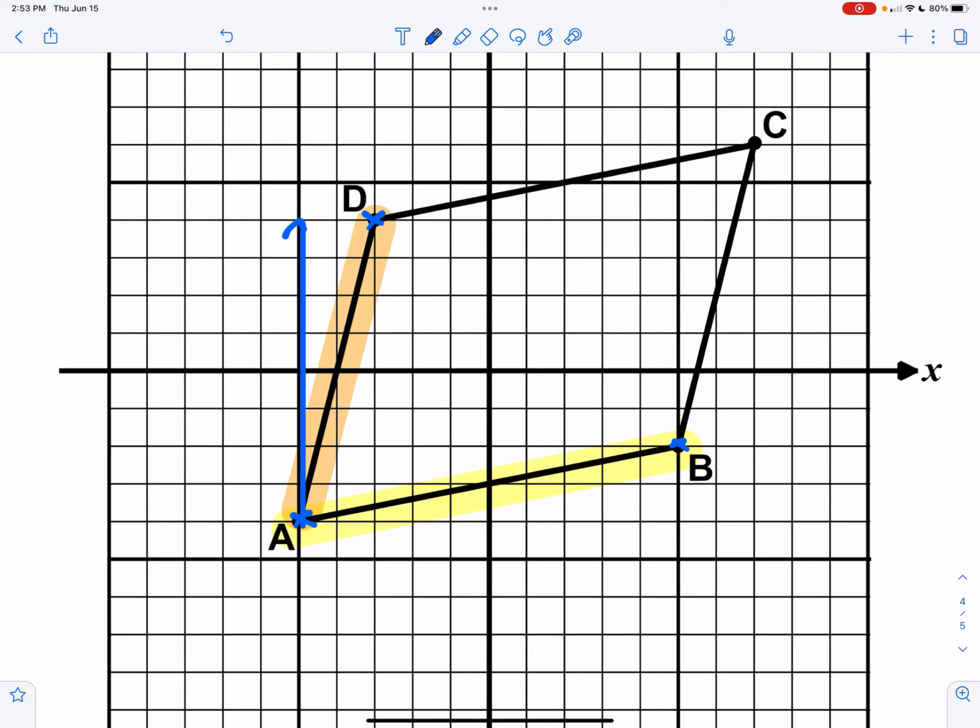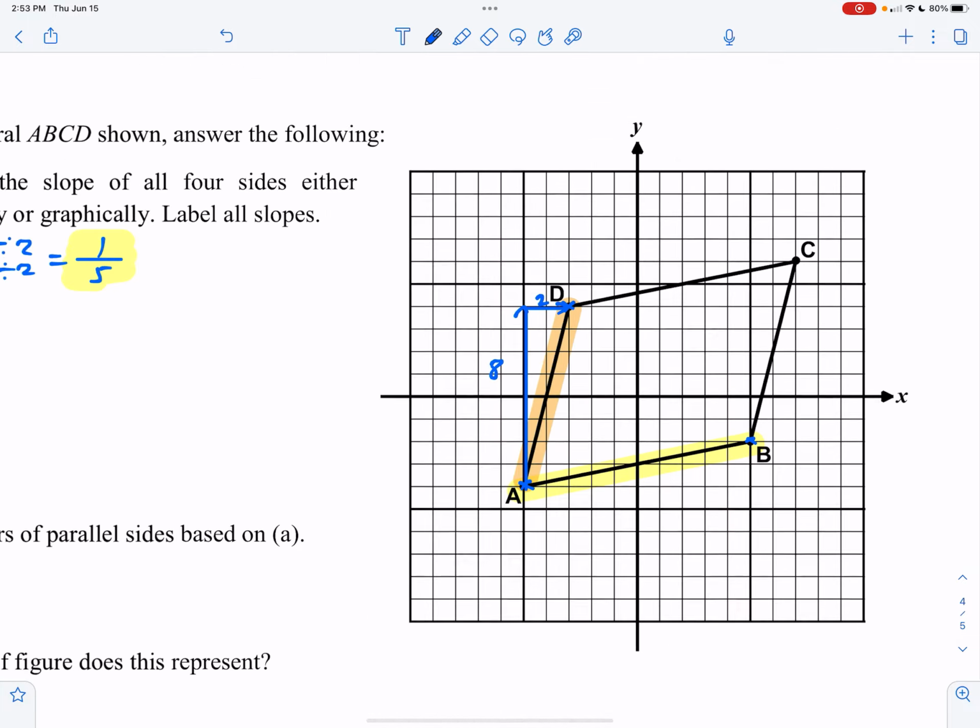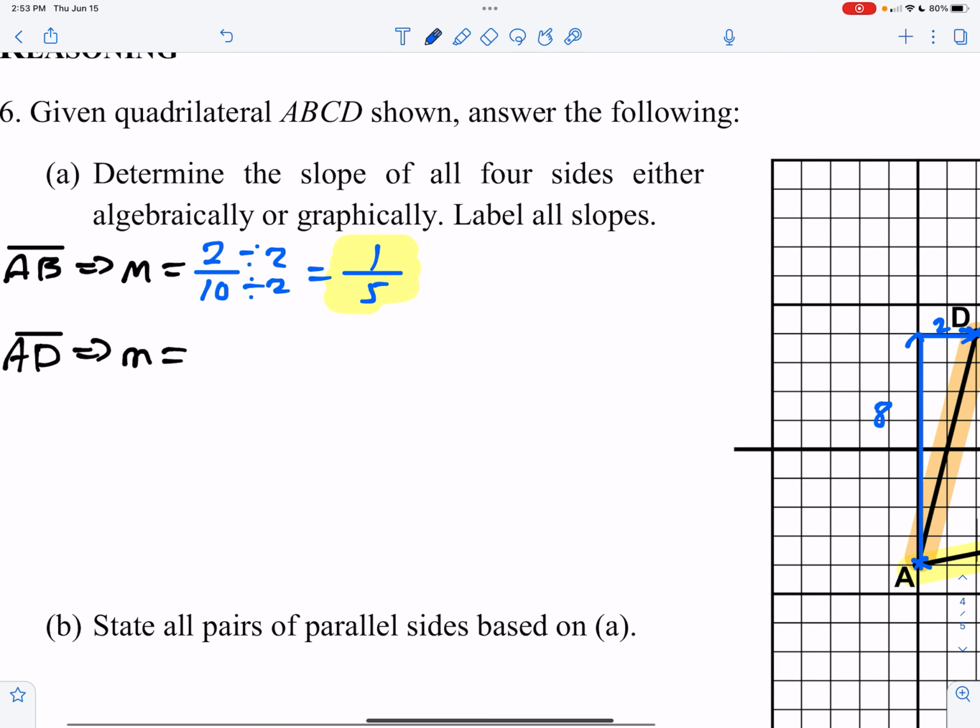Then I'm going to run of 1, 2. So rise of 8, run of 2, which would be a slope of 4.